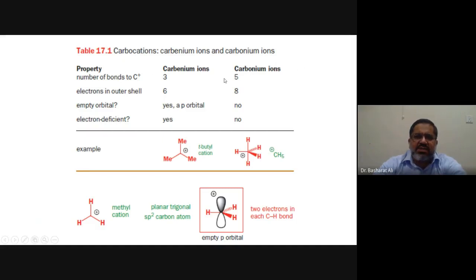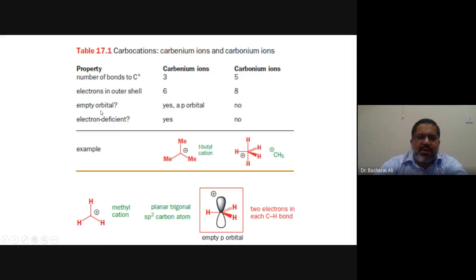There are differences between carbenium ion and carbonium ion. The number of bonds to C positive is 3 in the case of carbenium ion, and 5 in the case of carbonium ion, while electrons in the outer shell are 6 and 8 respectively.